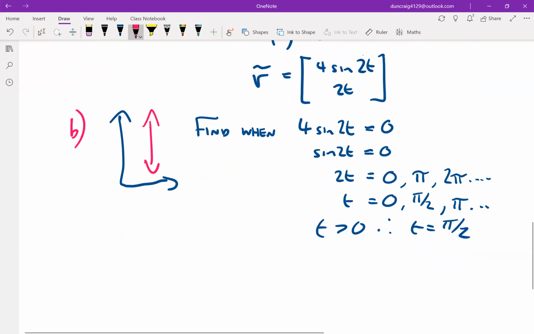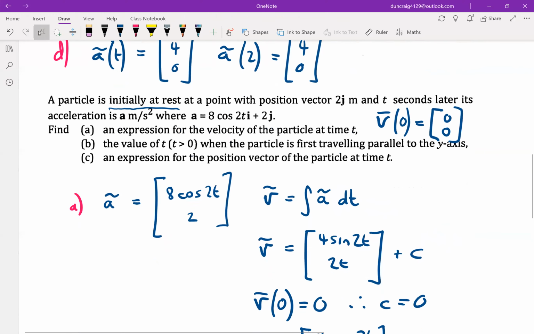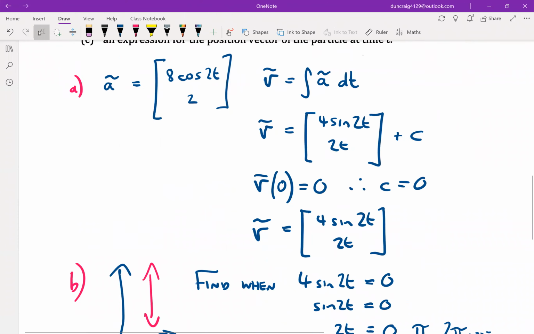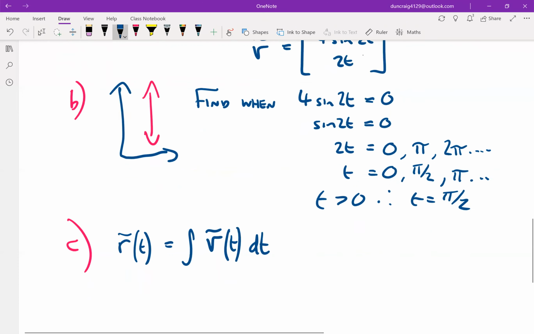All right, and part C of this one, we're asked to find an expression for the position vector of the particle. Again, our relative position at any particular time is equal to the integral of the velocity vector dt. So let's integrate our vector.